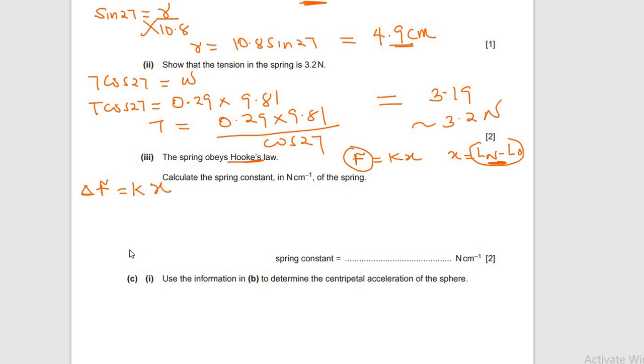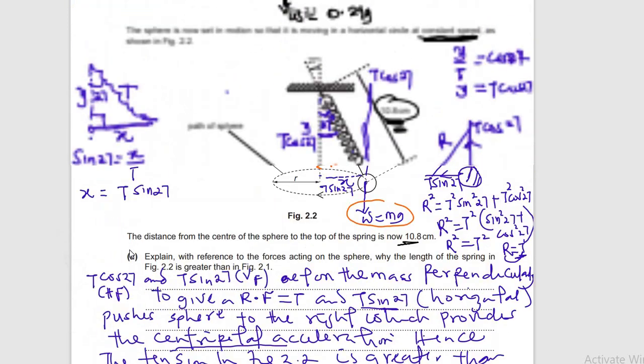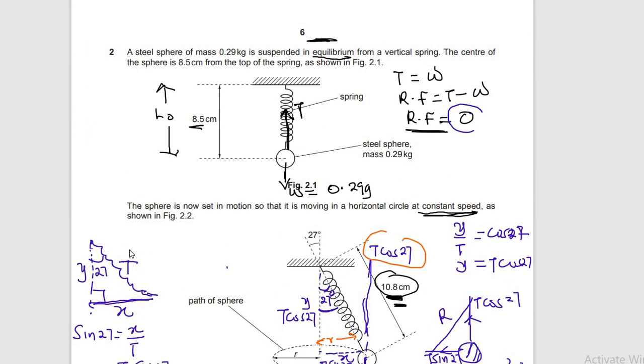Now, in this case, you are dealing with tension because you are dealing with spring. Change in tension equal to this. So the first tension, remember in the first case, look at the tension. This one is in equilibrium. The tension is equal to weight. So the first tension is 0.29 g.